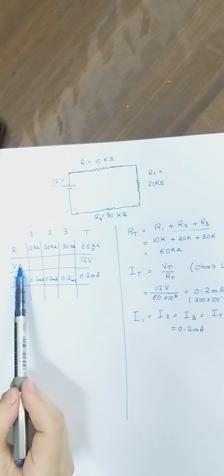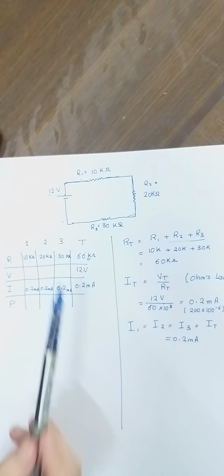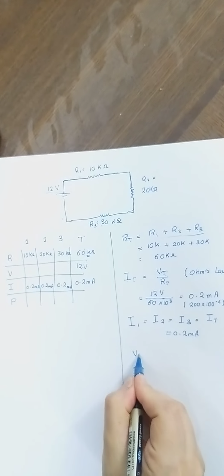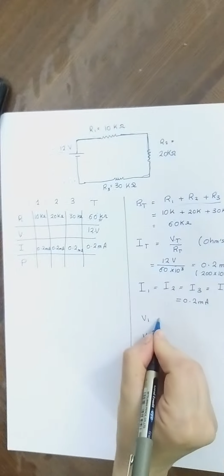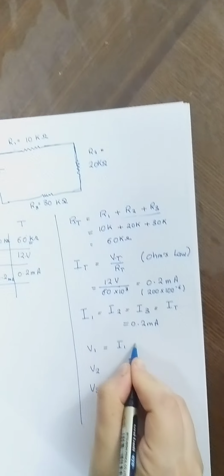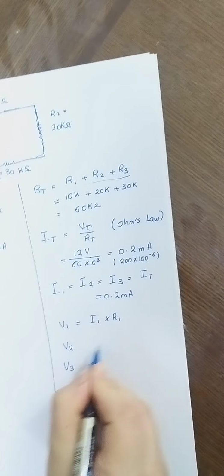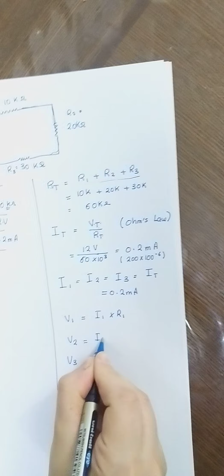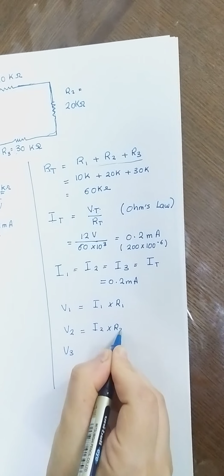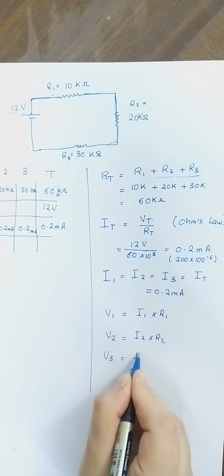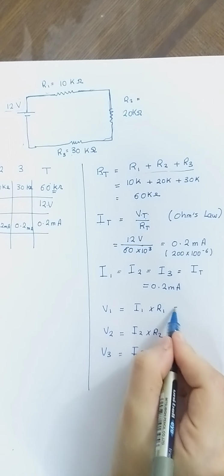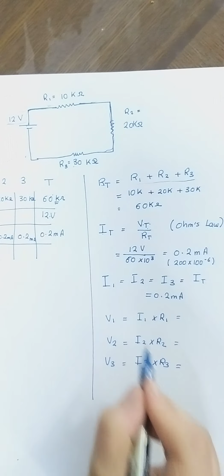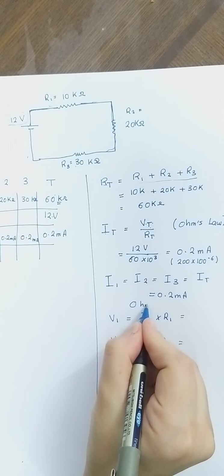We can find V1, V2, and V3. V1 is equal to I1 times R1. V2 is equal to I2 times R2. V3 is equal to I3 times R3. This is also Ohm's law.